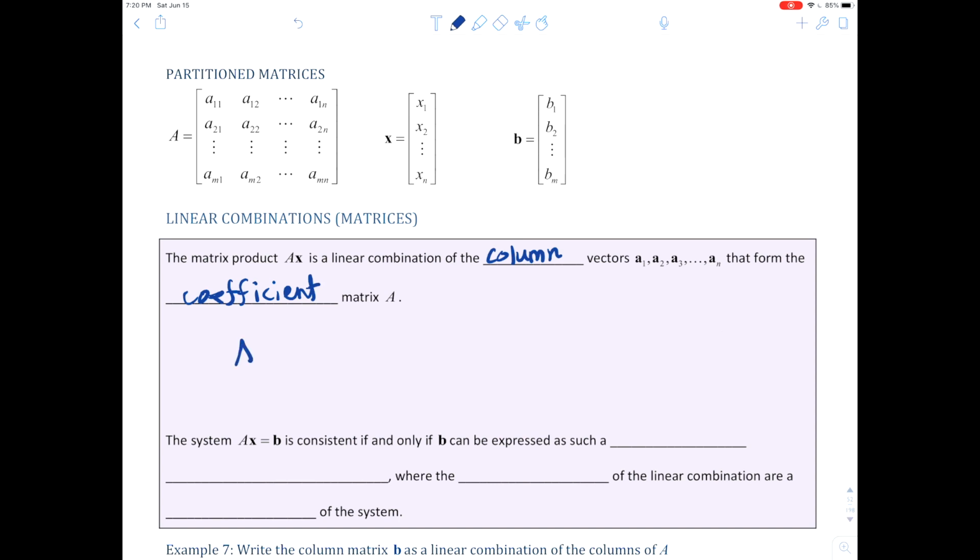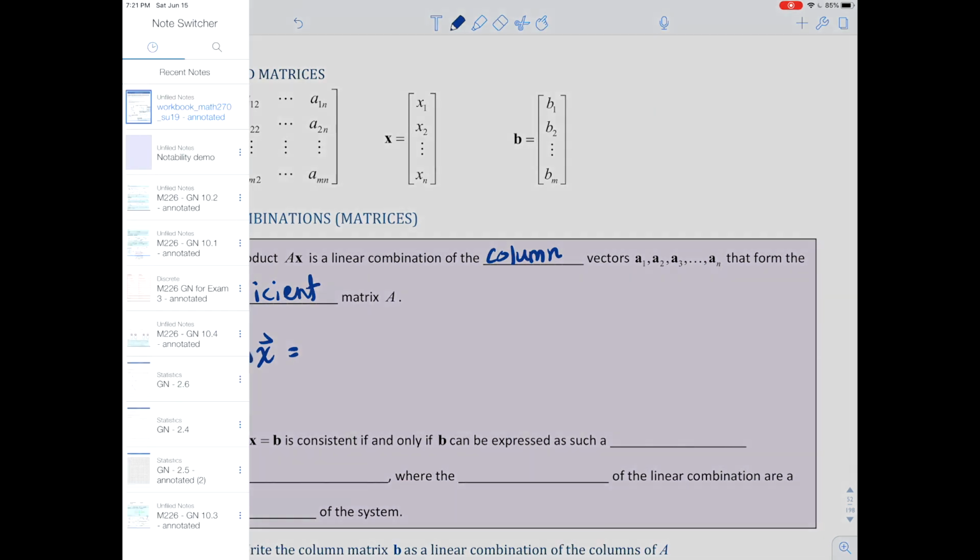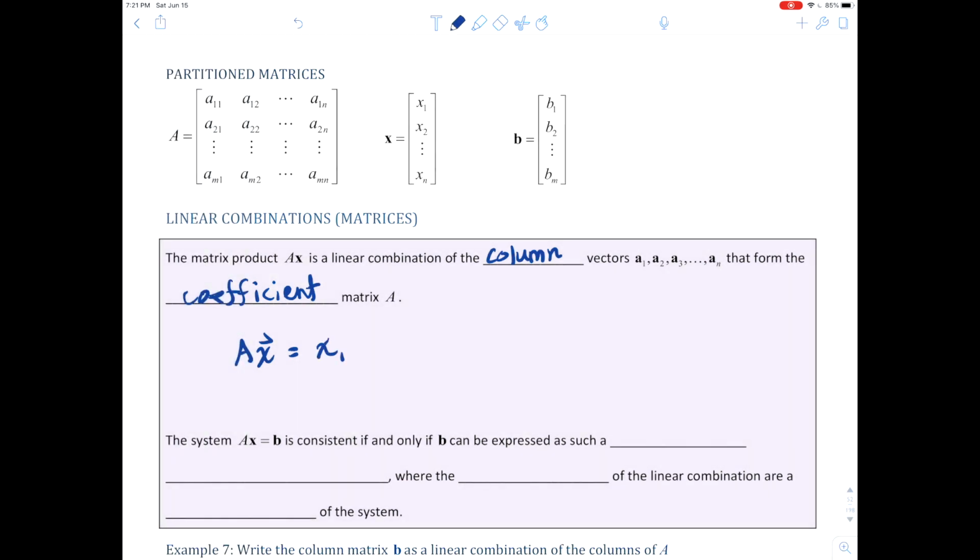So A times X, it turns out, can be written as X1 times A11, A21 down to AM1, plus X2 times A12, A22, all the way down to AM2.